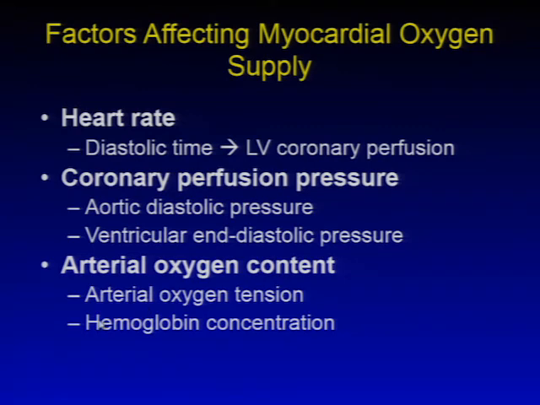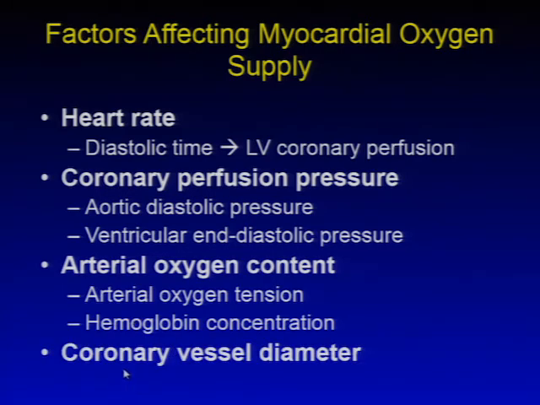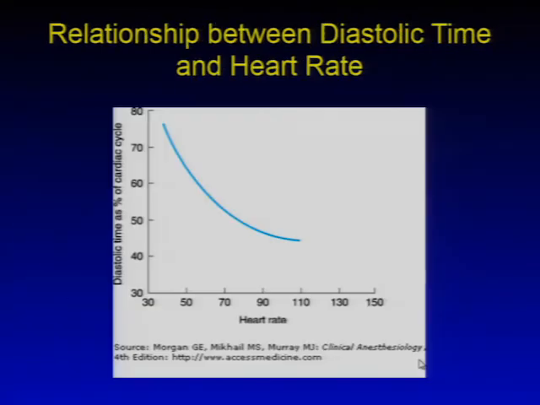So monitoring the oxygen delivery to the blood as well as hemoglobin concentrations are important when considering myocardial oxygen supply, as well as coronary vessel diameter. Typically, the vessel diameter may be increased by vasodilators such as nitrates as well as coronary interventions.